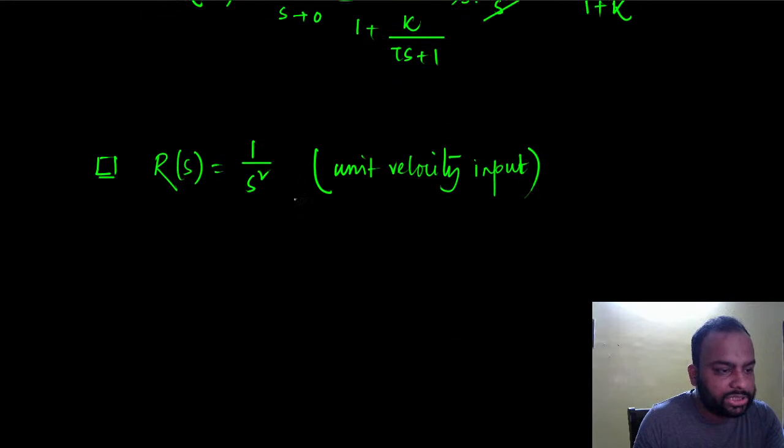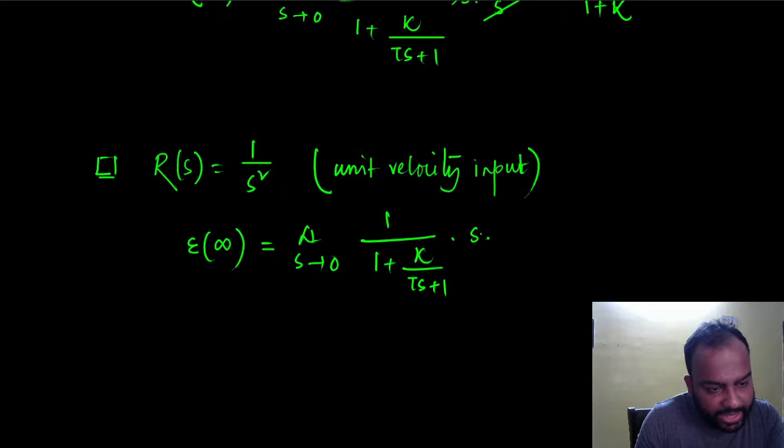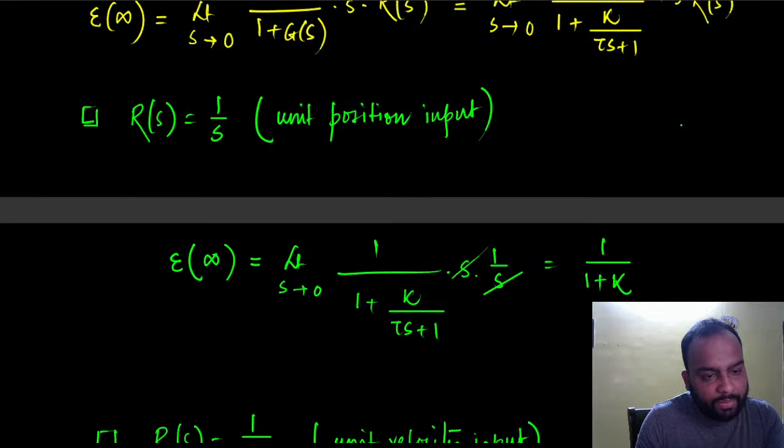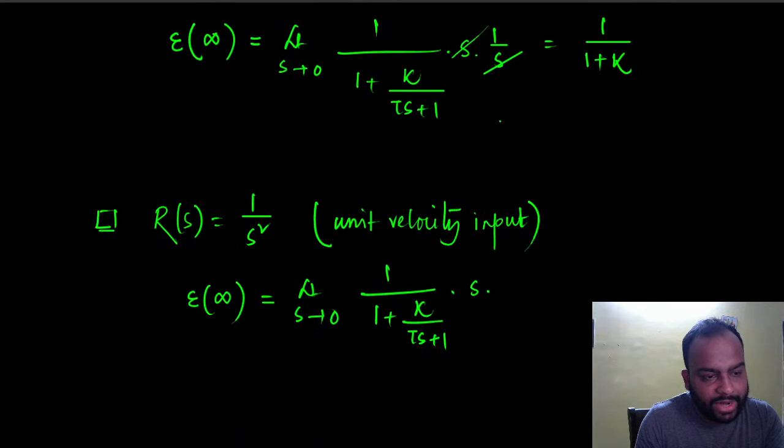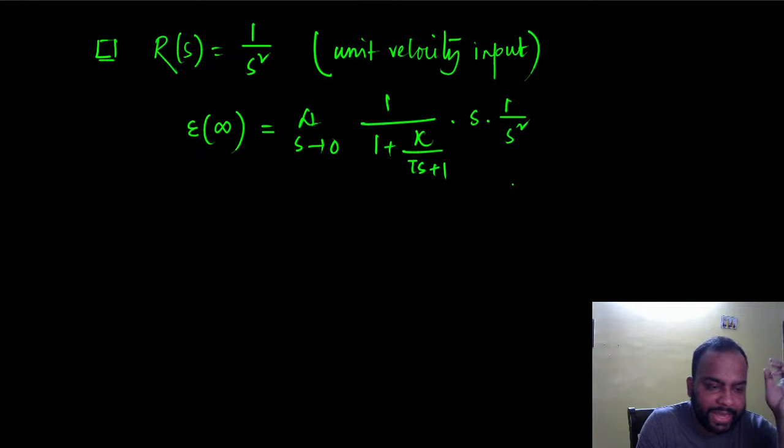If I choose that, then my epsilon infinity becomes limit s tends to 0 of the same thing, 1 by 1 plus k by tau s plus 1, times s times, now instead of R(s) being 1 by s, it is 1 by s square.